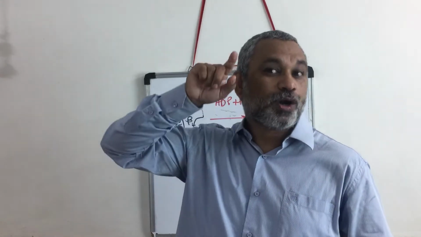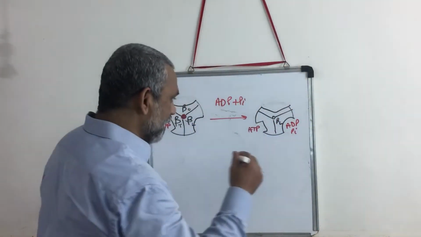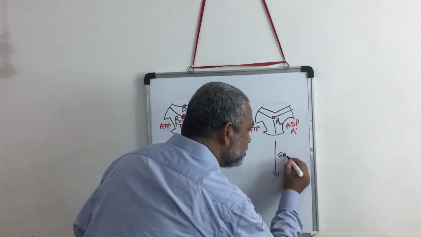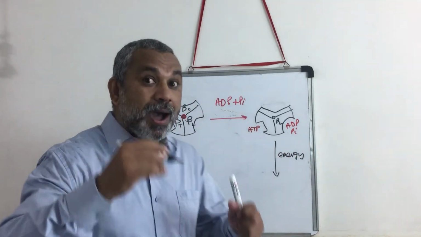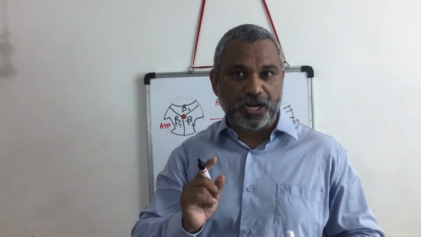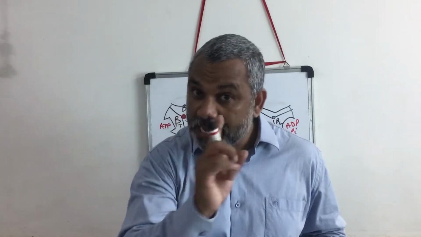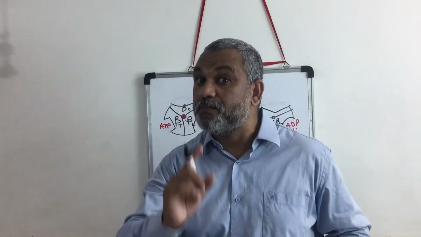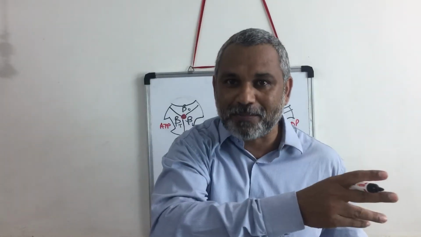This is the time when the gamma subunit is rotating. This is the energy that is brought in by the rotation of the gamma subunit. Remember, the gamma subunit is able to rotate because the C subunit is able to rotate. The C subunit rotates because the alpha subunit has allowed the protons to pass through to the mitochondrial matrix.